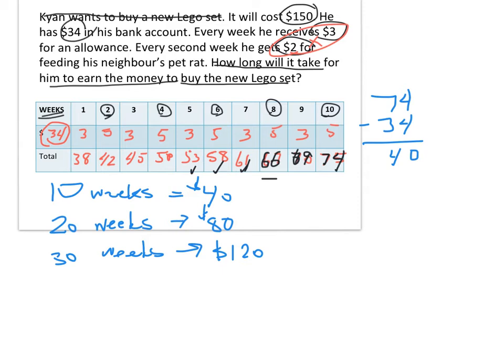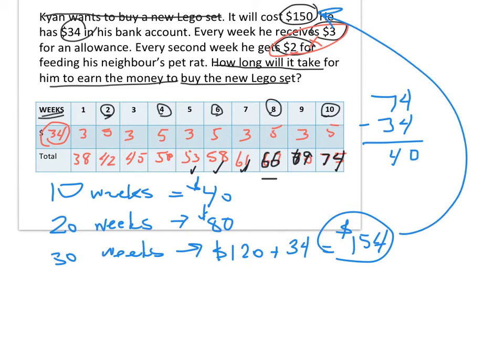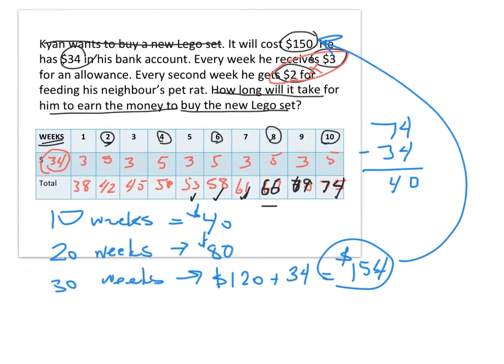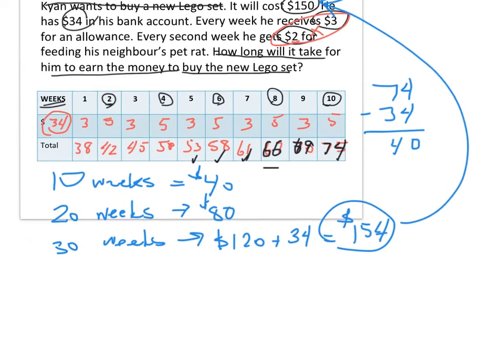Now, I can look back and add my original 34 that I started with if I'm Kyan, and I now have $154. Do I have enough? If I'm Kyan, I now have enough. So I could go ahead and write my answer. Now, that would probably be a 5 out of 5 so far, if that's what I did.